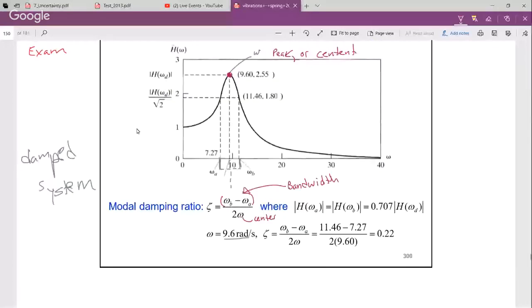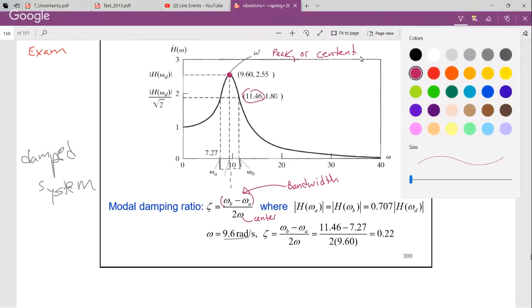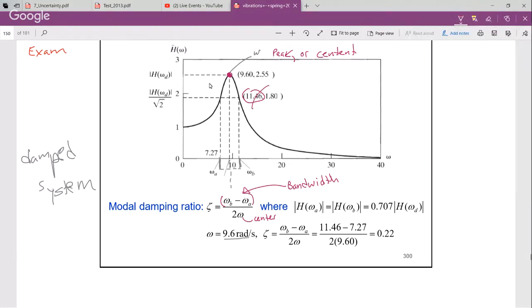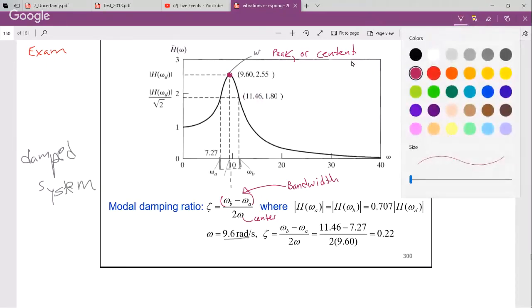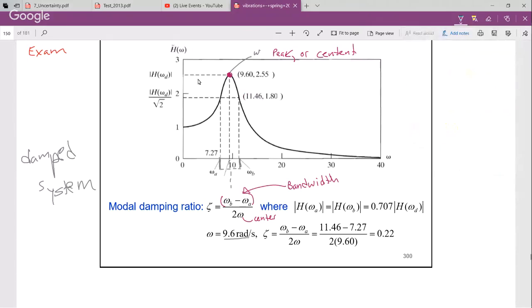And so we drop vertical lines, and you can use whatever symbols you want. I use subscripts a and b because we're already using 1, 2, and 3, the numbers. So I use a and b usually to indicate bandwidth. So the bandwidth is going to be 11.46 minus 7.27.